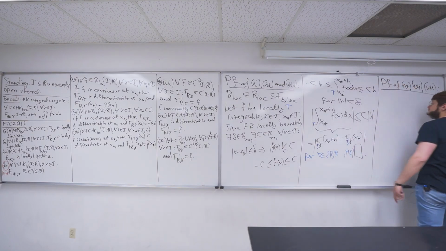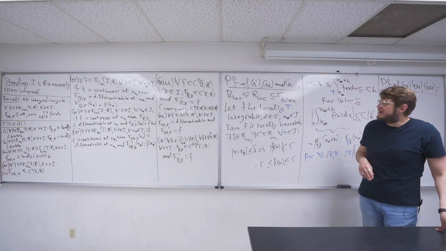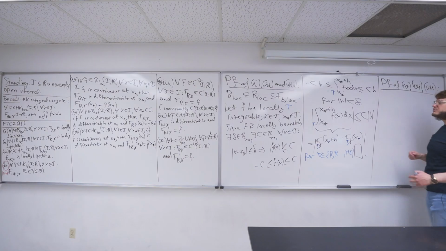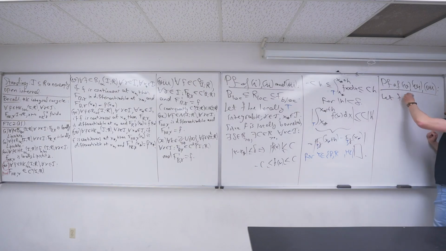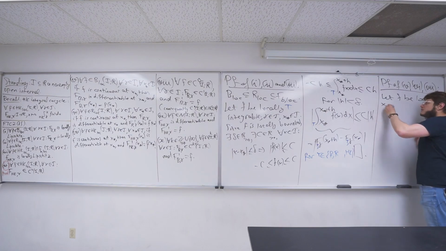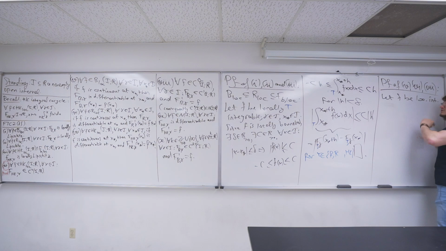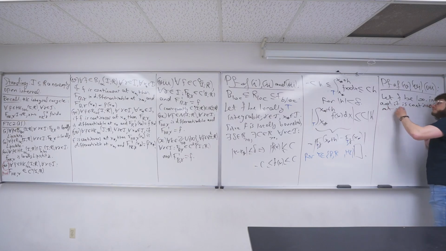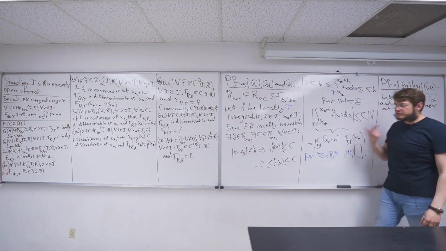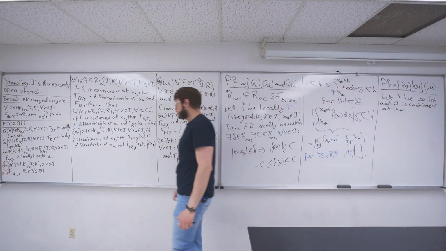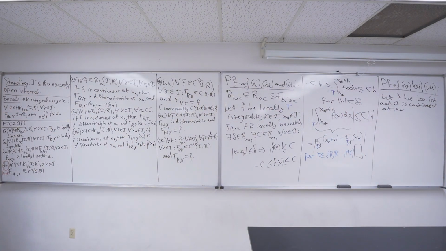Again, I'm assuming that lowercase f is locally integrable, and that at least at x star, it is continuous. So somehow I'm going to need to use this property of lowercase f. So for any epsilon, there is a delta, blah, blah, blah. Right?